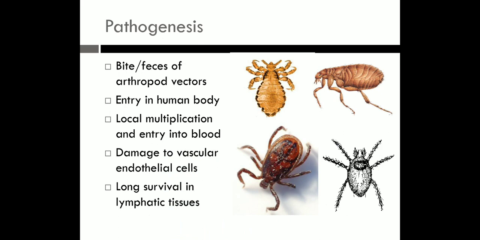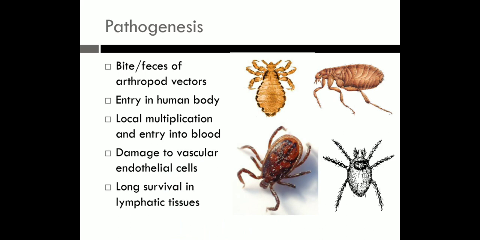As far as ticks and mites are concerned, they are transmitted by biting and by transovarial transmission. They usually have a reservoir which helps to maintain the rickettsial organisms in nature, and they usually pass on to their offsprings.